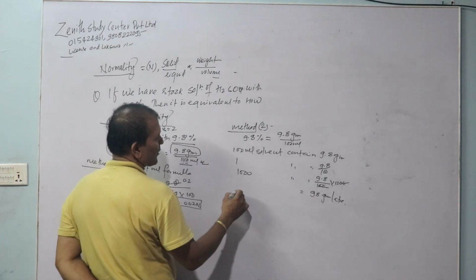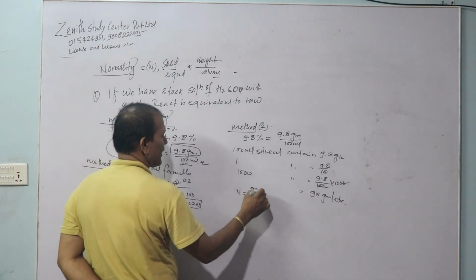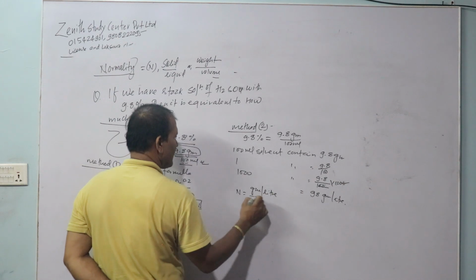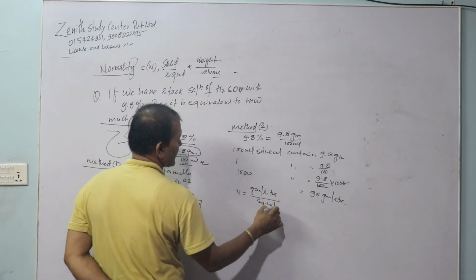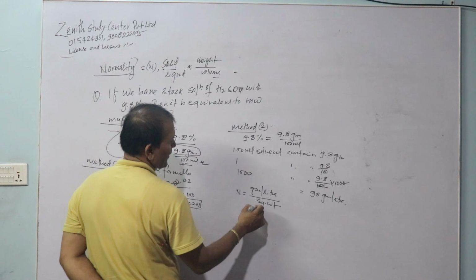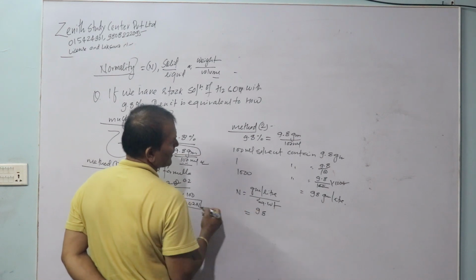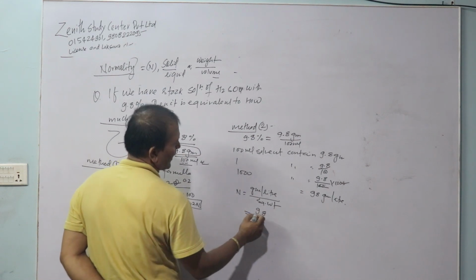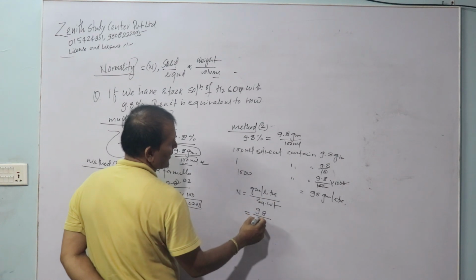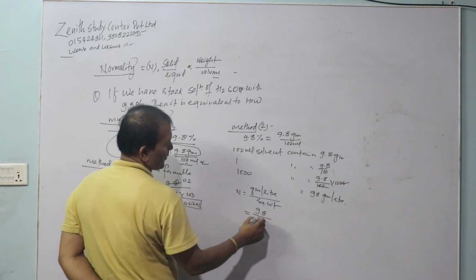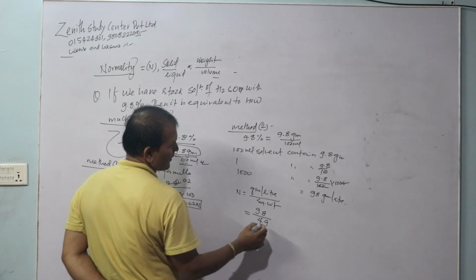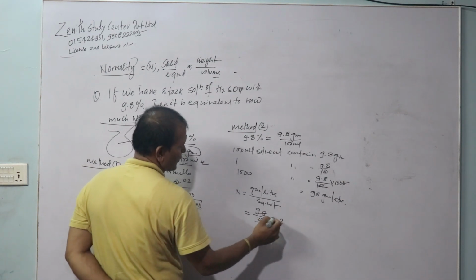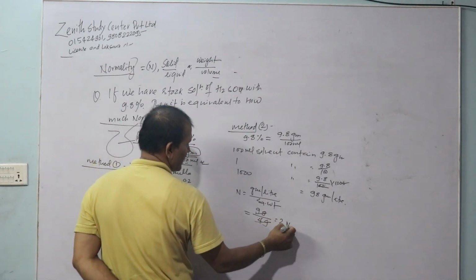Then now normality is equal to gram per liter by equivalent weight. So what is gram per liter? 98 by, what is the equivalent weight? H2SO4, 49. So 2 normal.